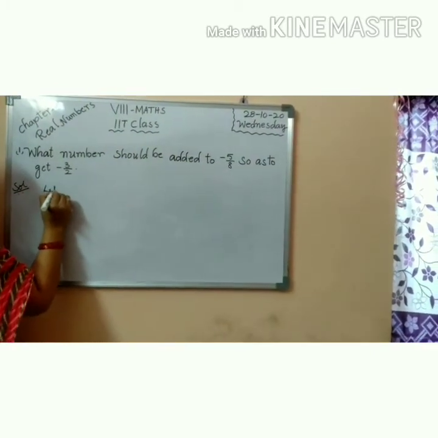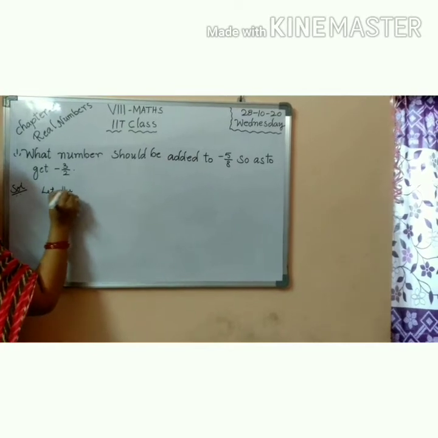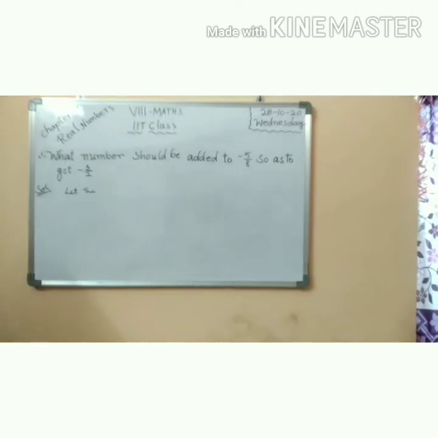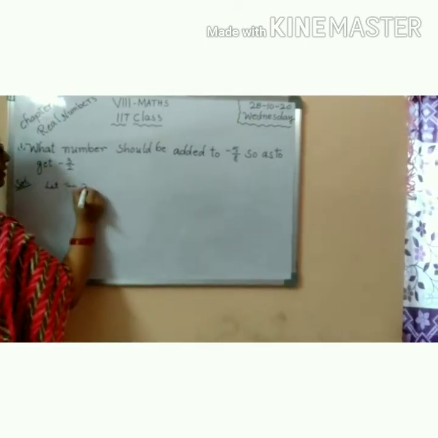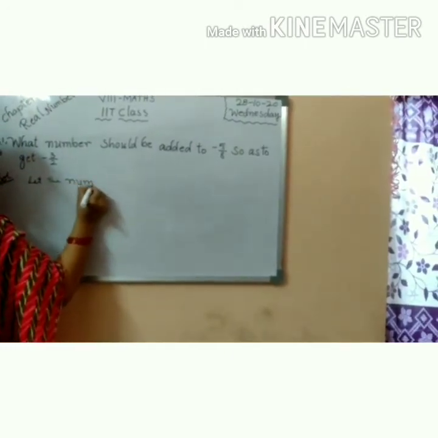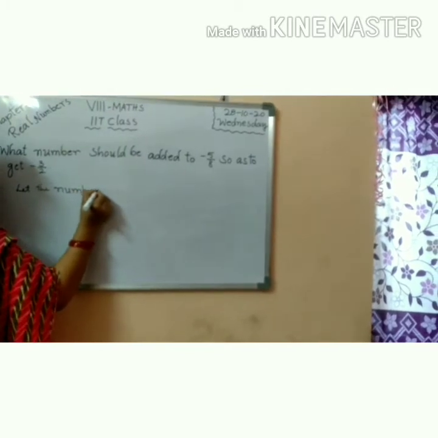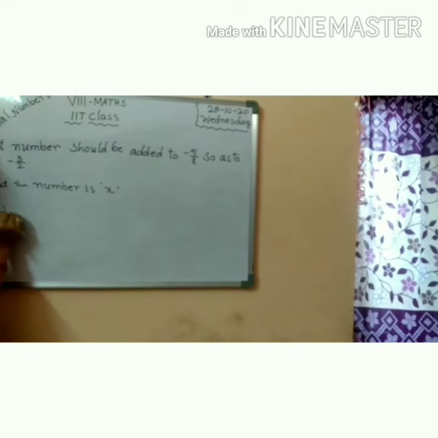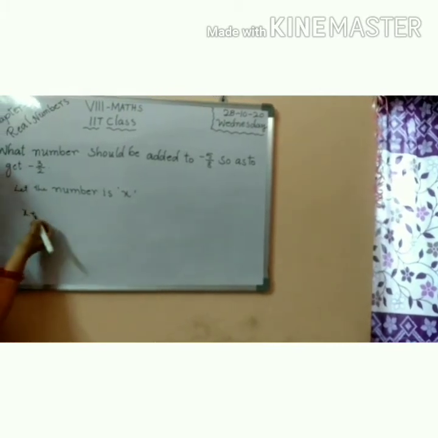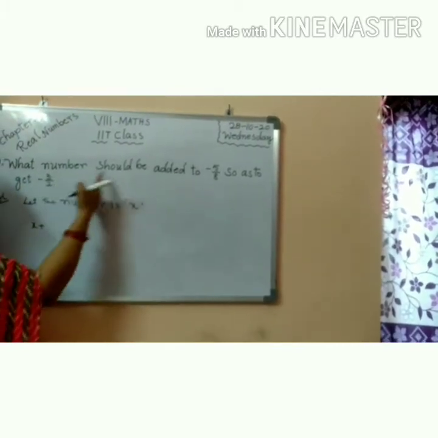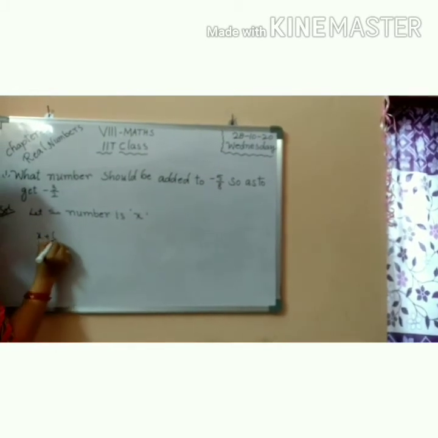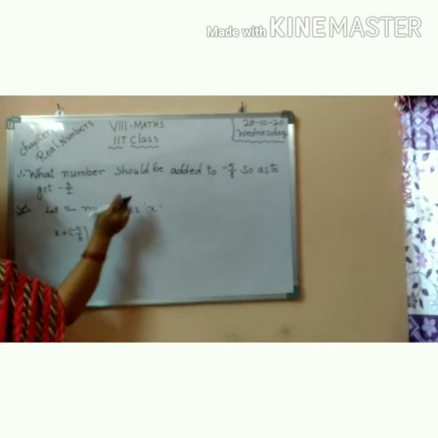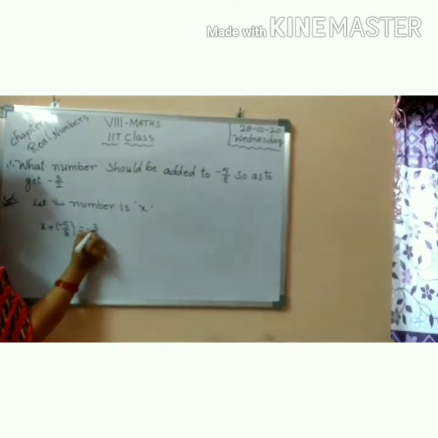So let the number be x. So x plus minus 5/8 equals minus 3/2.